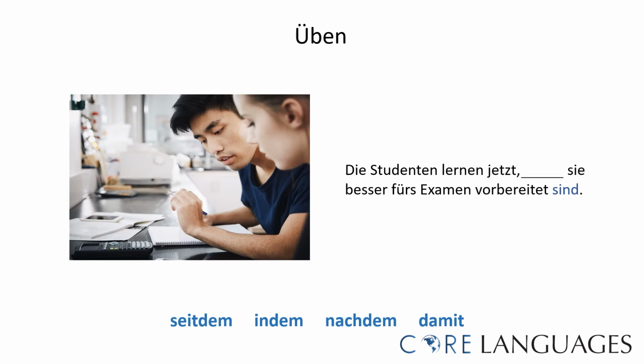The correct subordinating conjunction is damit. Die Studenten lernen jetzt, damit sie besser fürs Examen vorbereitet sind. The students are studying now so that they are better prepared for the exam. Notice that the verb sind was kicked to the end of the subordinate clause by damit.